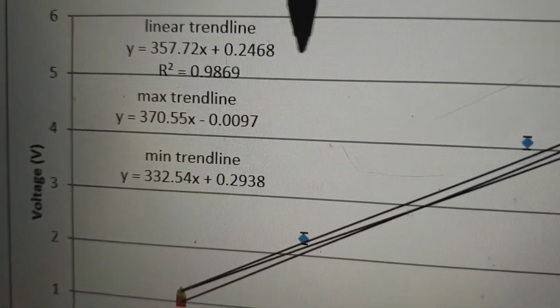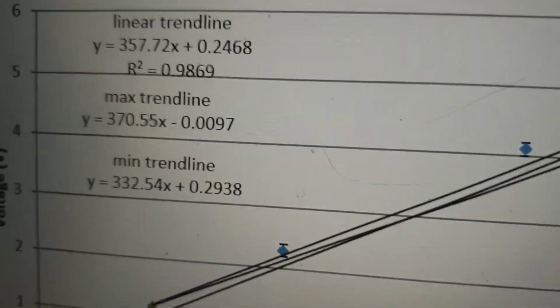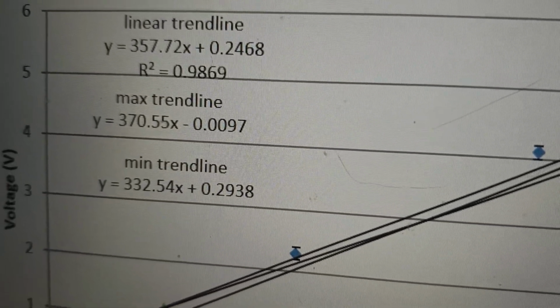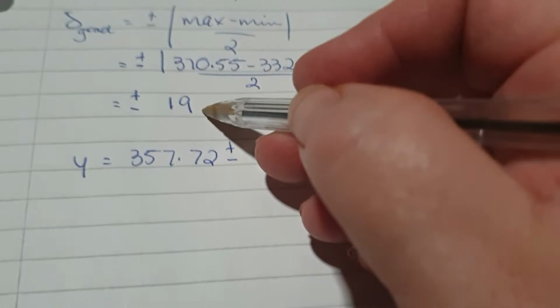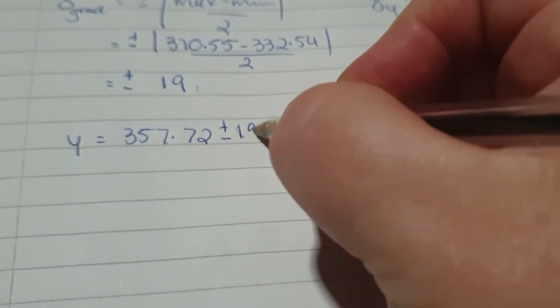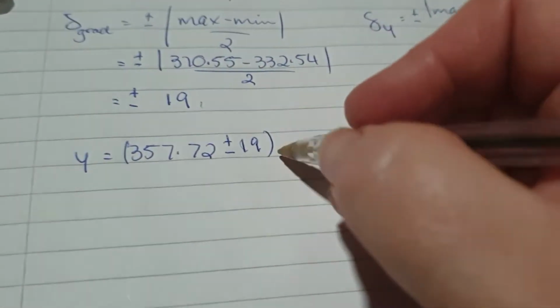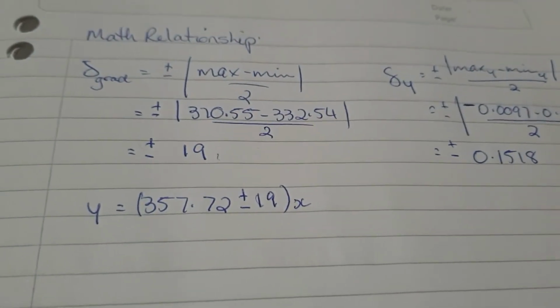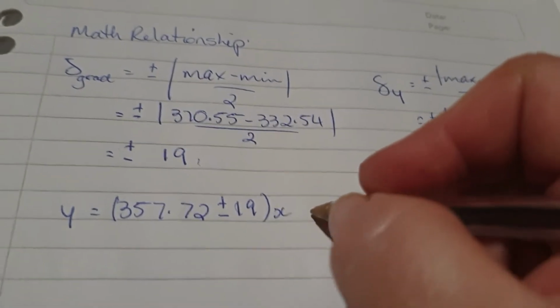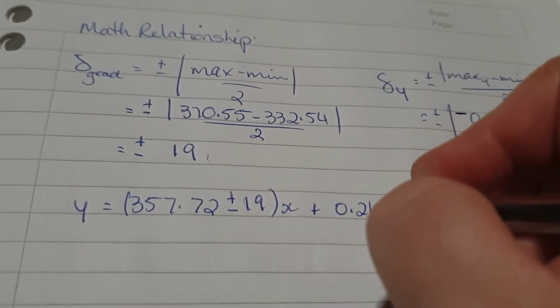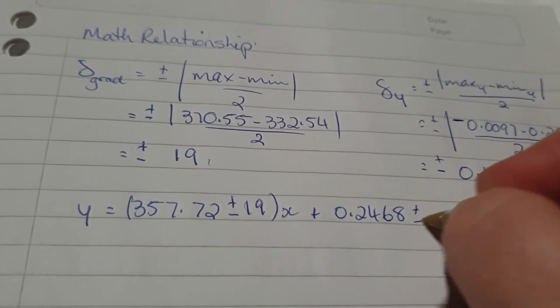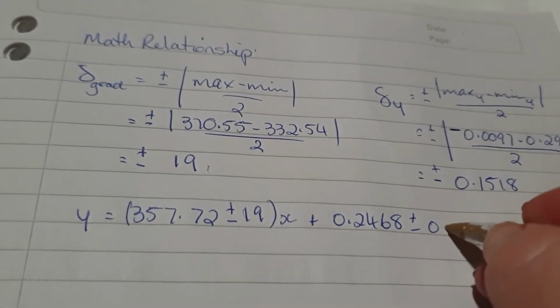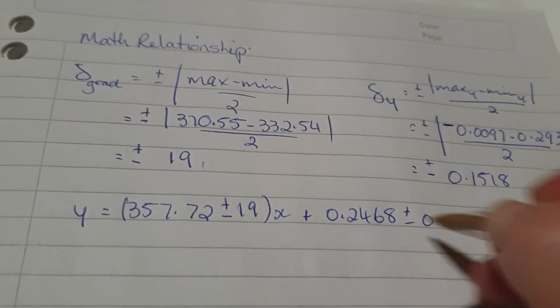So y equals 357.72, plus or minus the uncertainty we just worked out, 19, x, plus 0.2468 plus or minus the uncertainty we just worked out, 0.1518.